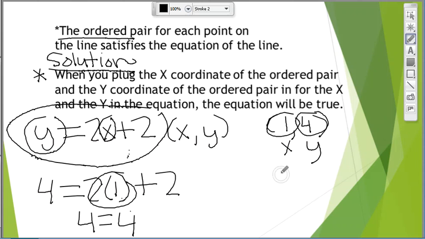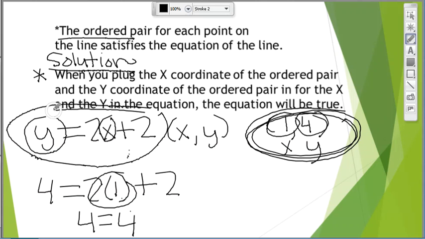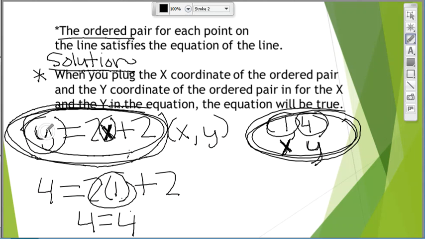Okay, so this point right here, (1, 4), is on this line. And you can see that if we plug the x in for the x in our equation, and the y in for the y in our equation, it did make the equation true. Okay, so that's what it means to be a solution.